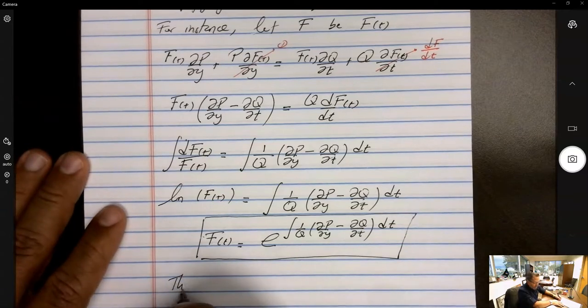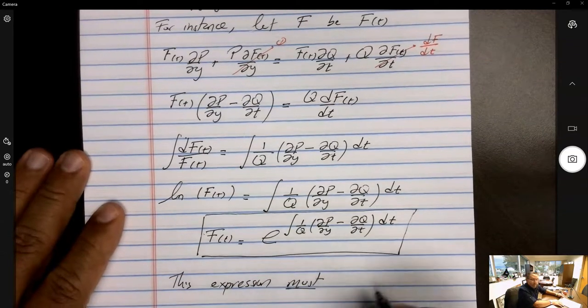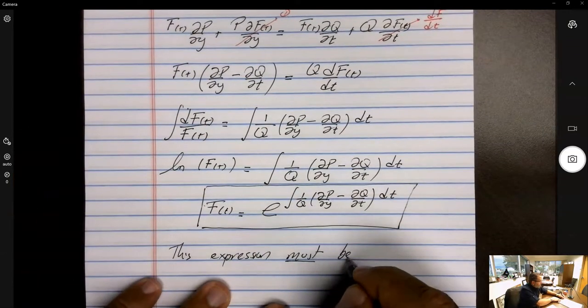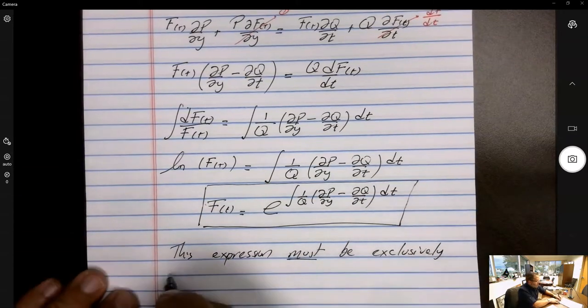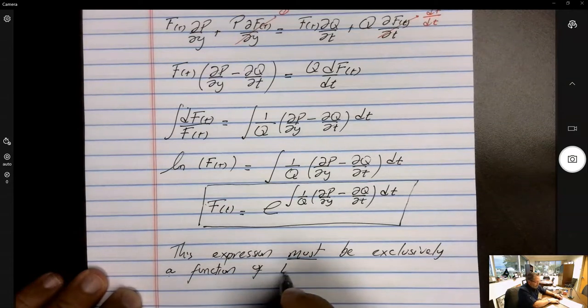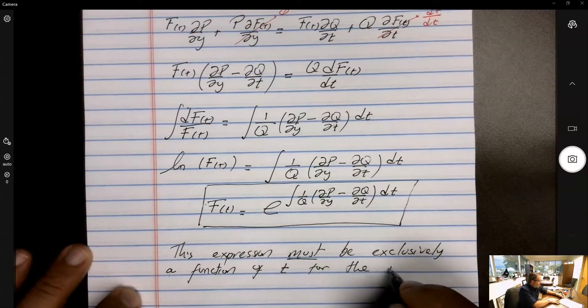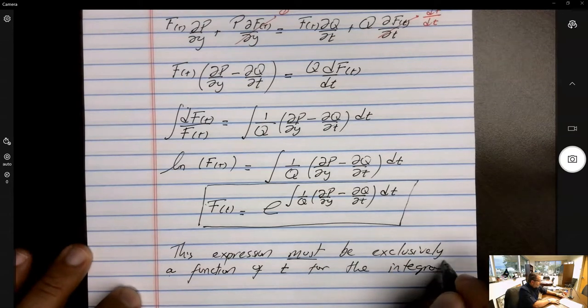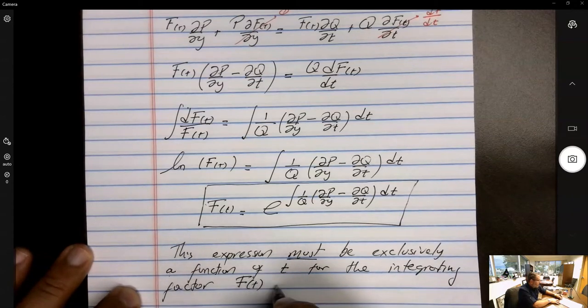So this expression must be exclusively a function of t for the integrating factor f of t to be valid.